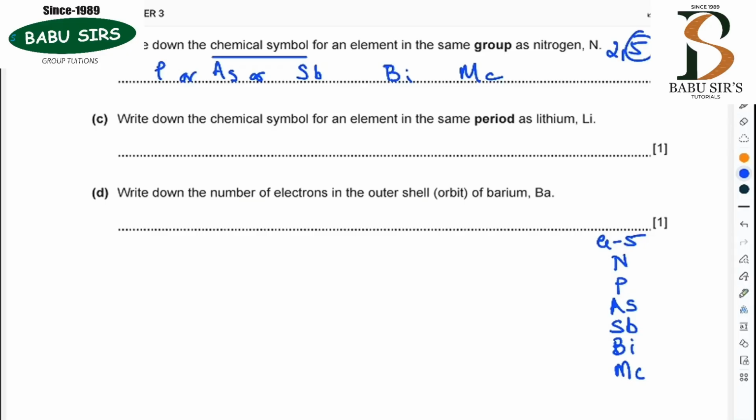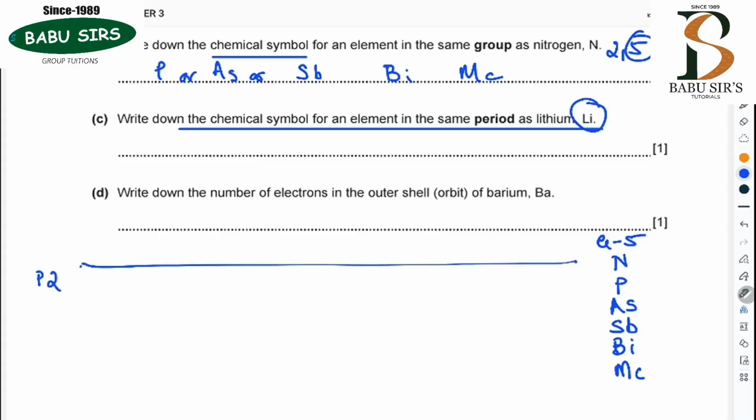C question is, write down the chemical symbols for an element in the same period as lithium. So you have to check the period number of lithium. So if you check the period number of lithium, it is in period number 2. So what I'll do, I'll write all the elements in period number 2.